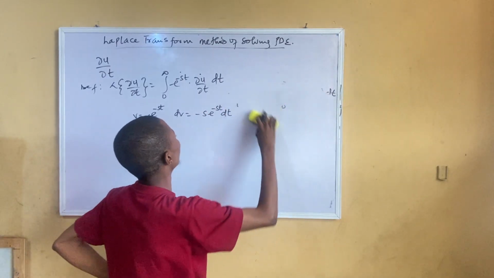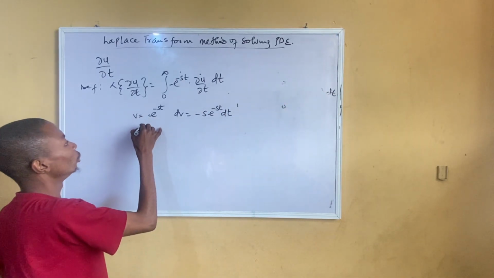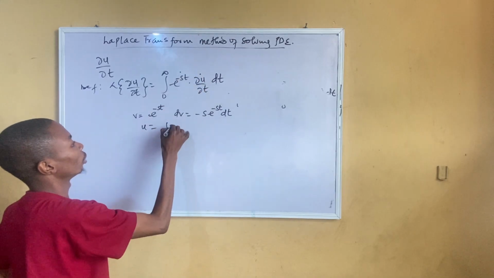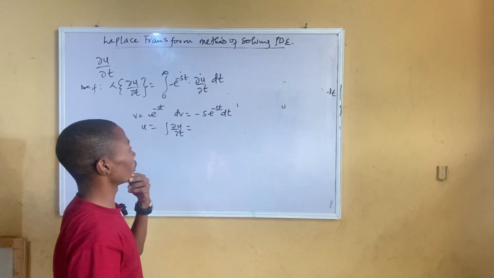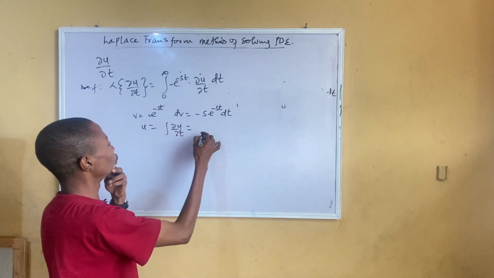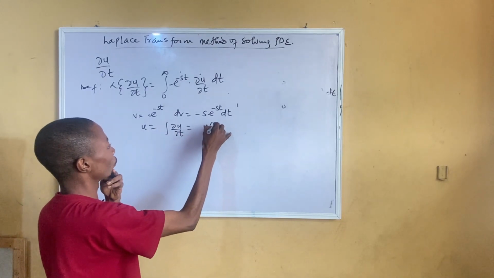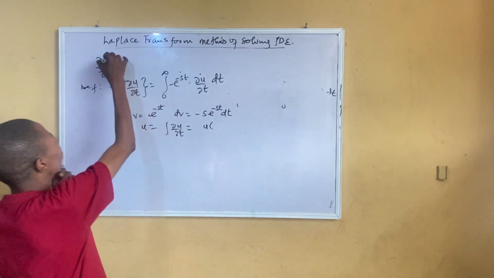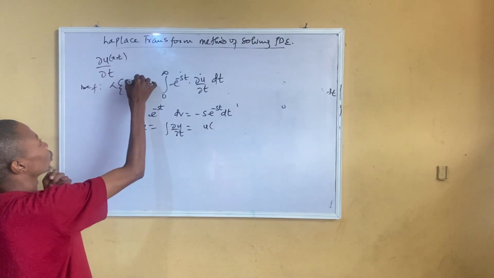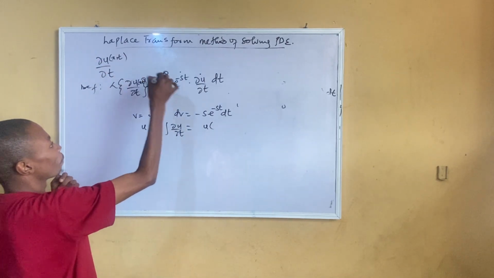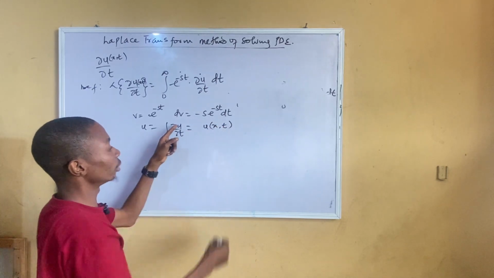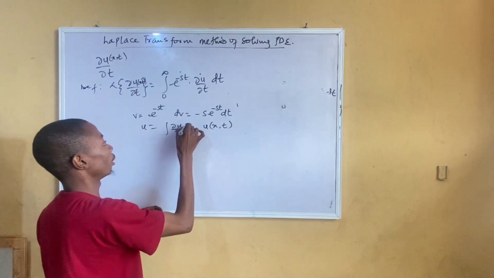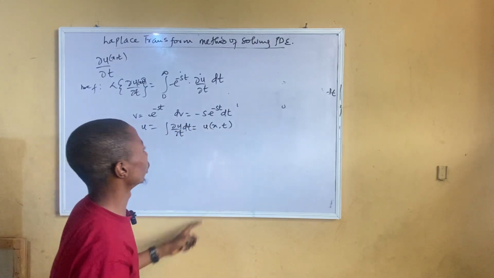Then my u will be the integral of du dt. If you integrate a derivative, it goes back to the function. So u will be u of x comma t, when we integrate du with respect to time.